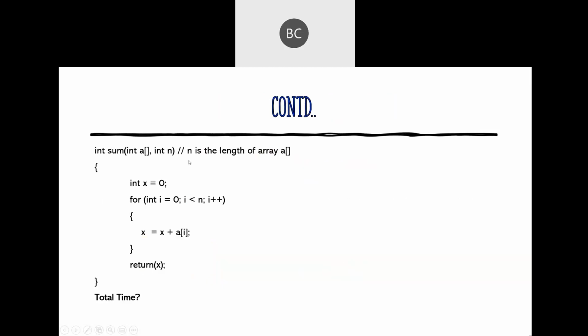Now there is another program. Here there are some assignments. You are assigning a value to x. Then there are 3 operations: assignment, logical operation, and increment, and there is also an arithmetic operation of plus and minus. So what will be the time complexity for this particular piece of code?